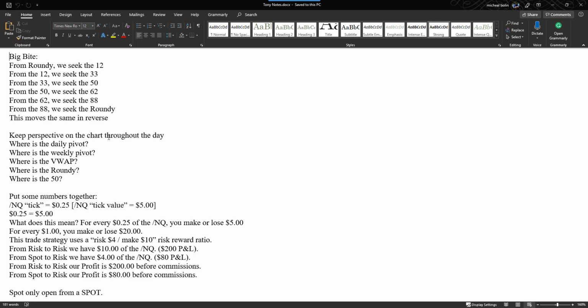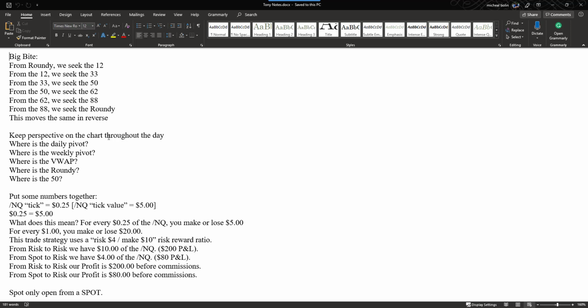This strategy uses a risk 4 to make 10 risk reward ratio. From risk to risk, we have $10, which is a $200 profit and loss. From spot to risk, we have $4. That's an $80 profit and loss. So what we're looking at is from risk to risk, our profit is $200 before commissions. From spot to risk, our profit is $80 before commissions.